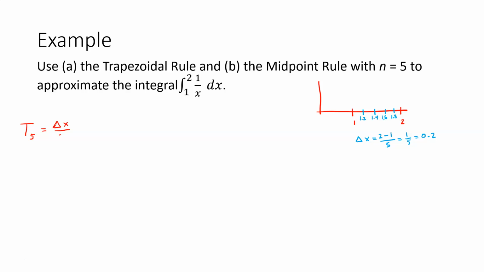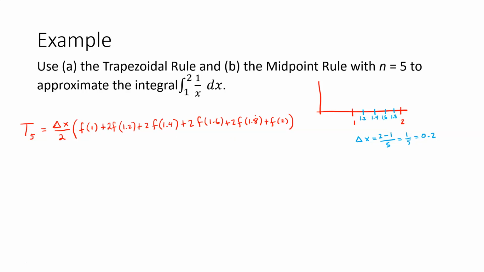It was delta x over 2, and then we'll do f of x0, which is 1, plus 2 times f of x1, which is 1.2, 2 times f of x2, which is 1.4, 2 times f of x3, which is 1.6, 2 times f of x4, which is 1.8, and then just f of x5, which is just f of 2.